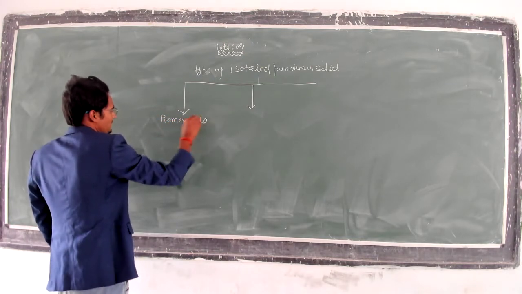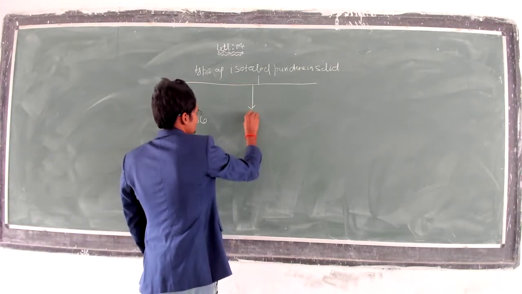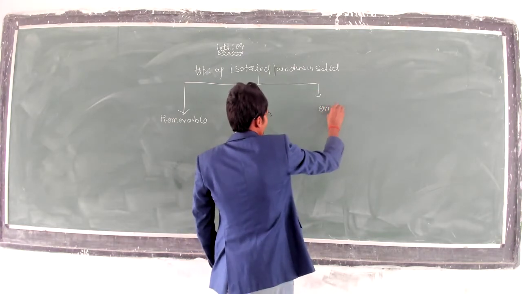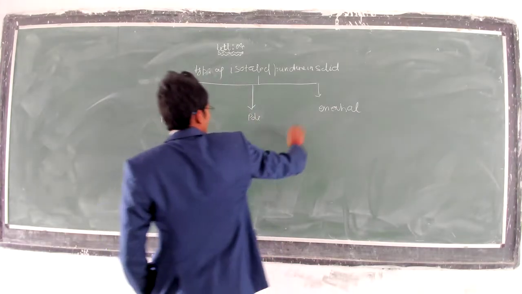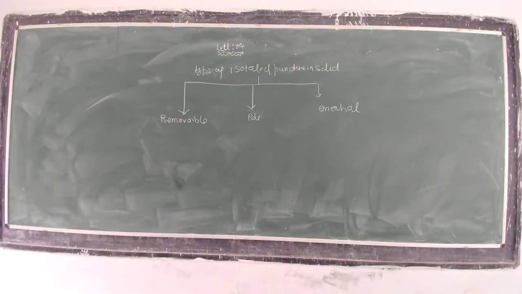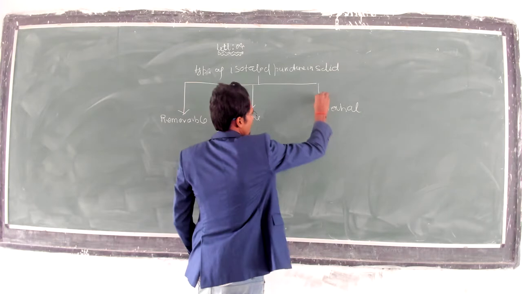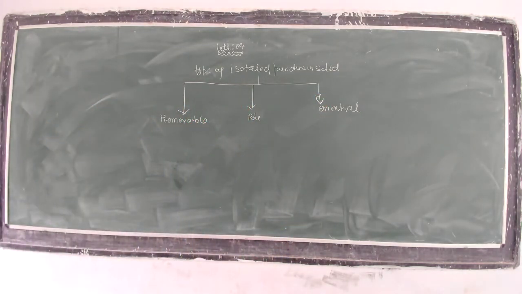So today is LPP class or real class? Real one. Okay, there are 3 types: removable, pole, and essential.